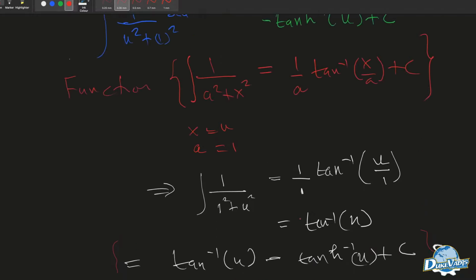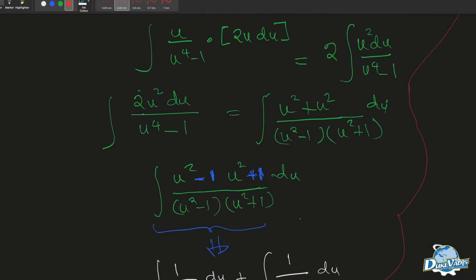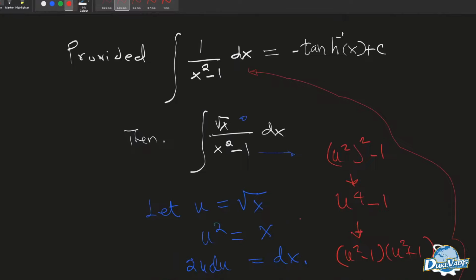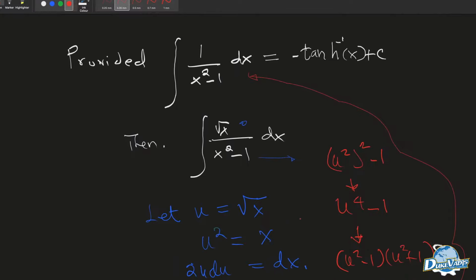Well, friends, this is where we can finish this integration. To this point, you will realize that when you look at the question, it looks very complicated. You see you have been provided that the integral of 1 over x squared minus 1 dx is equal to negative tan inverse of x plus c.